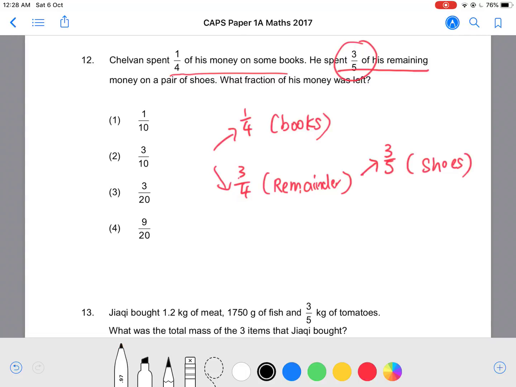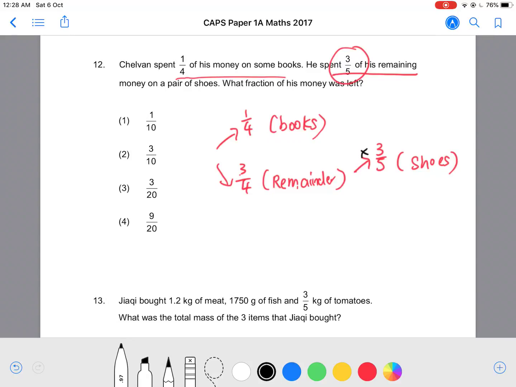So if you recall what I said about arrows, they are multiply, right? So what fraction was left? It will be 2/5 of the 3/4 that is left. So that's going to give me the answer 3/10 simplified.